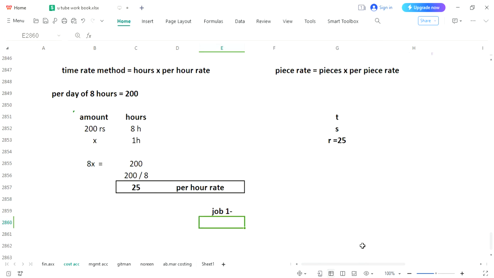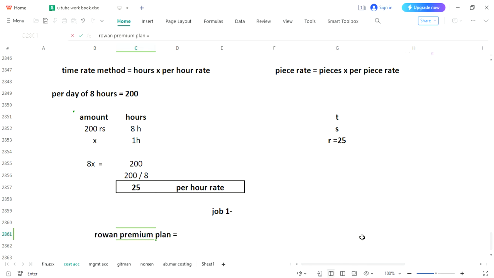Now we will be looking for the Rowan plan, and I am hopeful that some of you have the formula of Rowan in your mind. As you know, it starts with a bracket, and t is multiplied with small r.